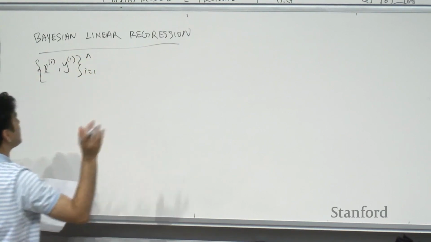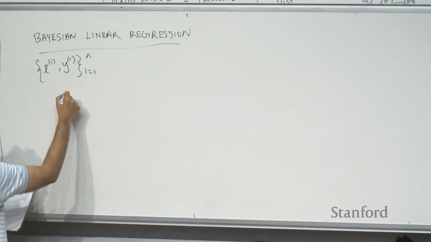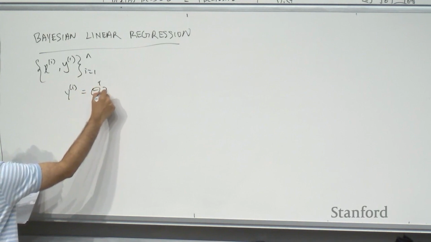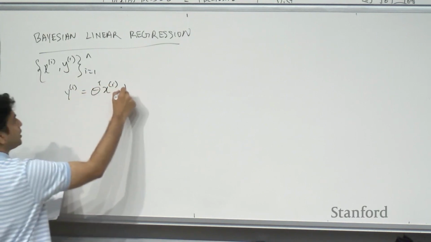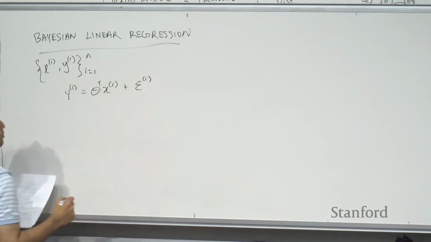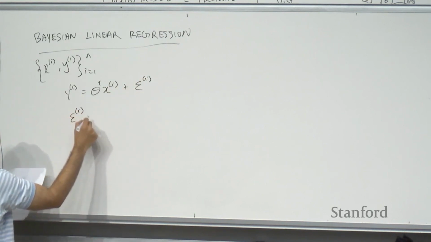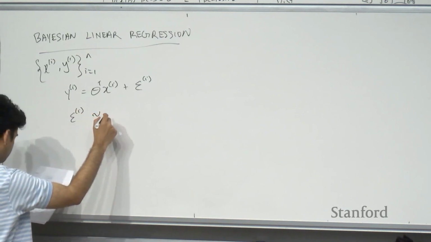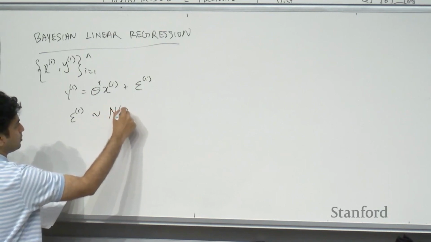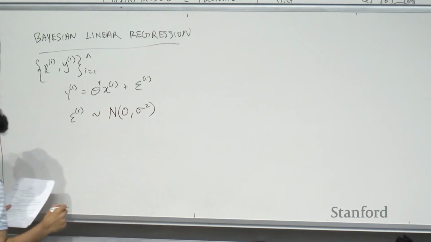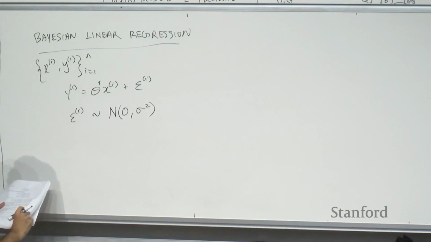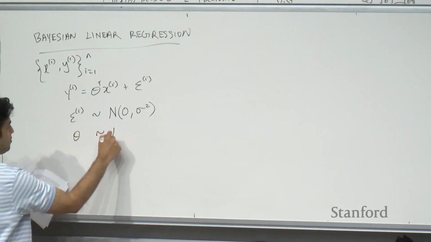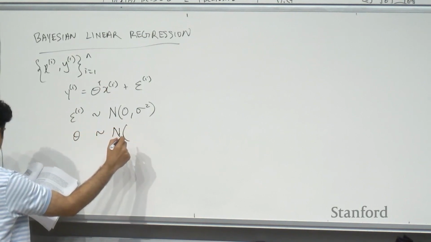It comes from some unknown distribution, and we make the assumption that yi equals theta transpose xi plus some unknown noise epsilon, where epsilon i comes from some normal distribution with variance sigma square, and theta comes from some normal distribution with variance tau square.